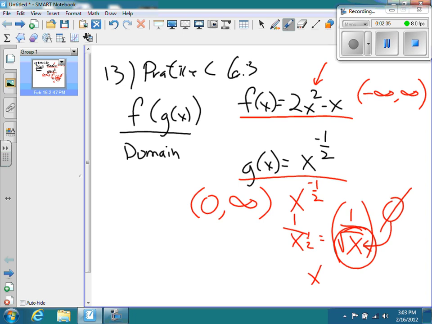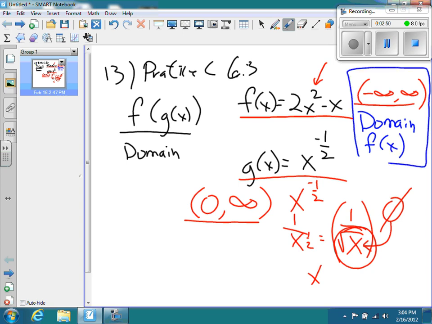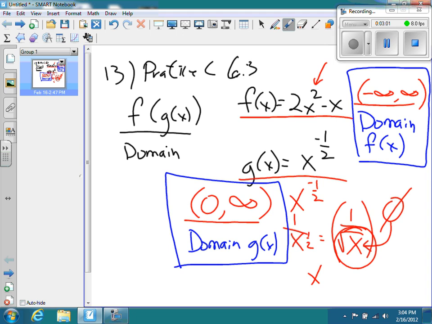So those are my two domains for f of x and g of x right there. Let's write that on there. Domain f of x and domain g of x, so that I have it when I return back to this page.